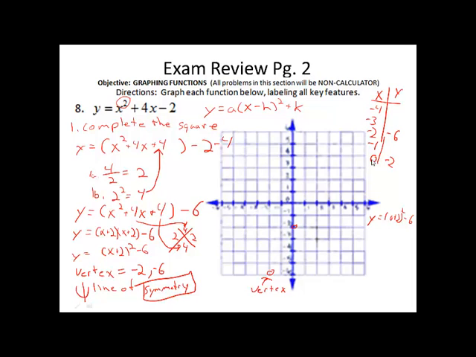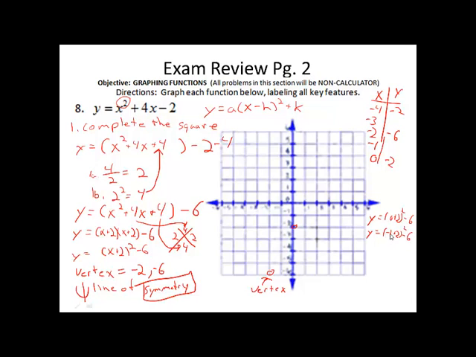And because I know my line of symmetry, if I'm 2 to the right of my vertex, as I go 2 to the left of my vertex, I'm going to have the same y value. So let's do negative 1. y is equal to negative 1 plus 2 squared minus 6.